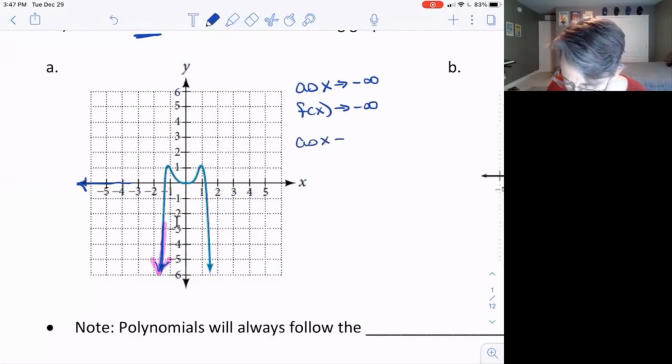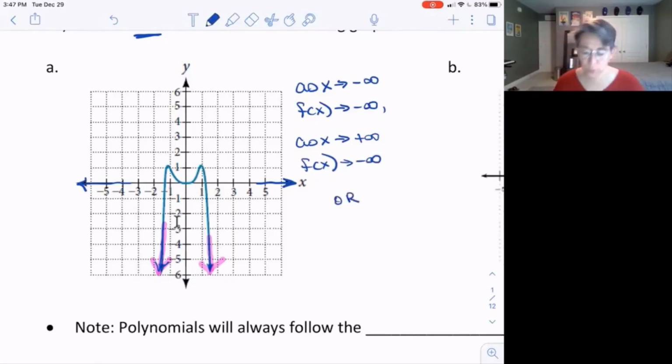Then as x is approaching positive infinity, in other words, x is going out this way, as x is getting larger, our y is also approaching negative infinity. Since they are both approaching negative infinity for your y values, you could write it as x is approaching positive or negative infinity.